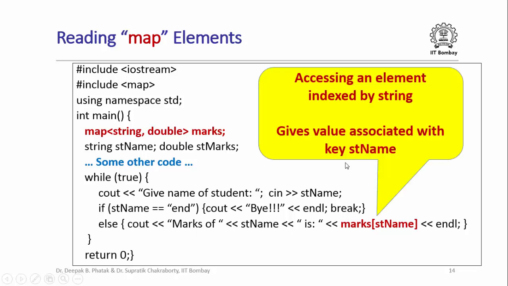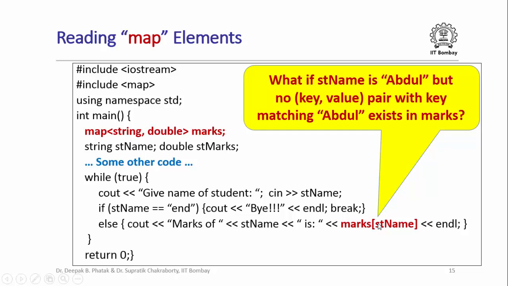Well, a few questions are relevant here. If the map marks already contained a key value pair where the key matched stname, then of course this will give me the value associated with that key. However, what if stname was, say, Abdul, but there was no key value pair with key matching Abdul in the map named marks?